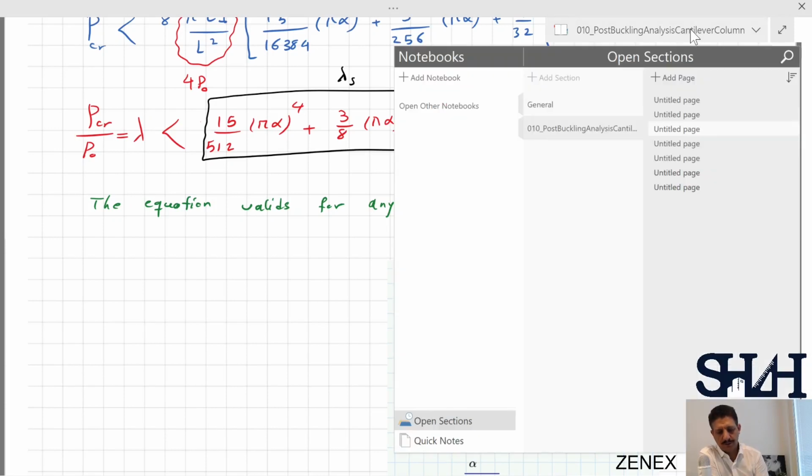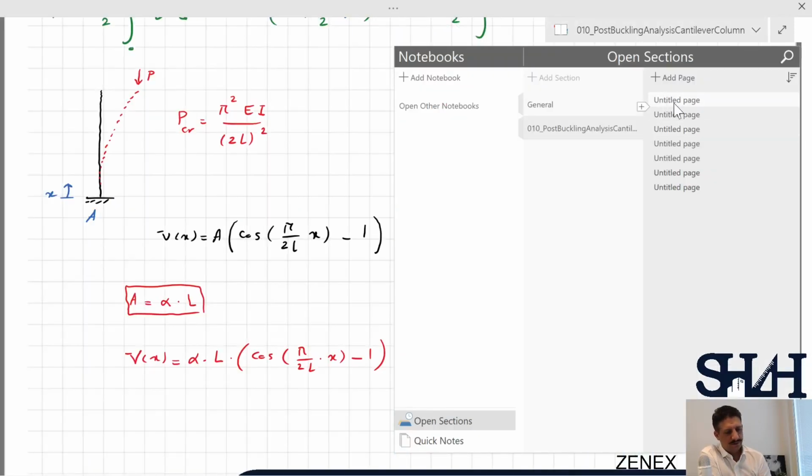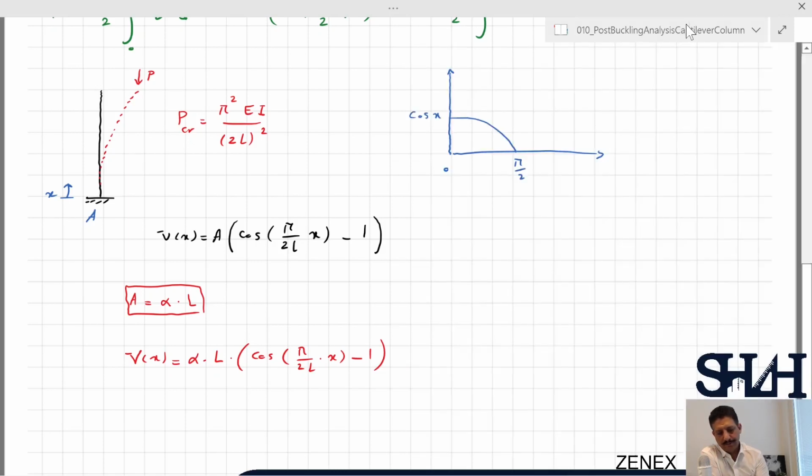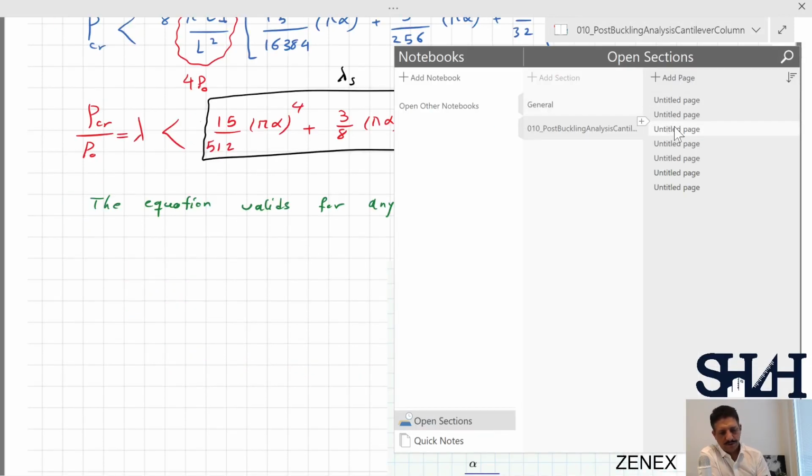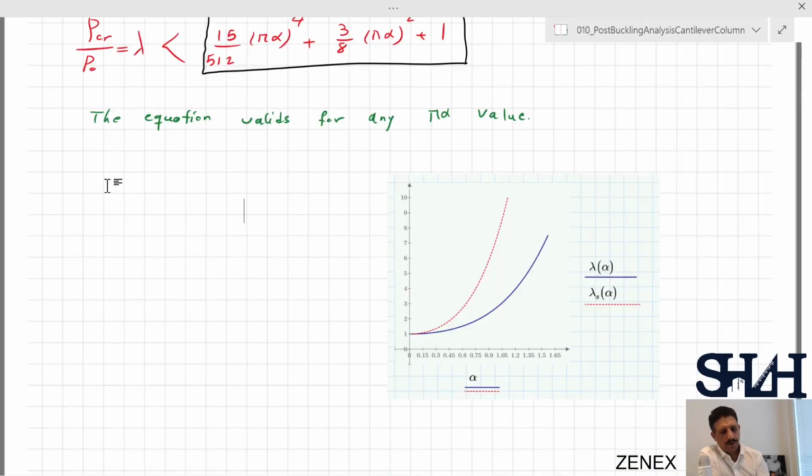So if we come back to the first page, we assume that alpha times L is A. And A is a constant value, so it's a portion of the length. Let's recall it one more time. So V was alpha L cosinus pi x over 2L minus 1.